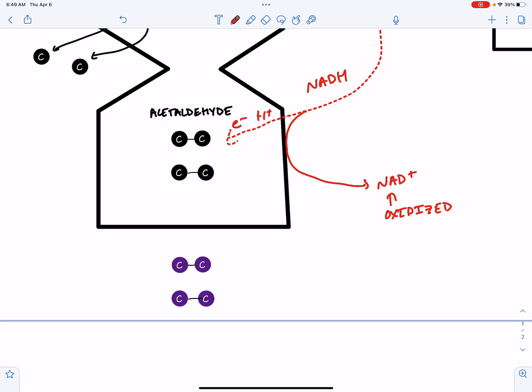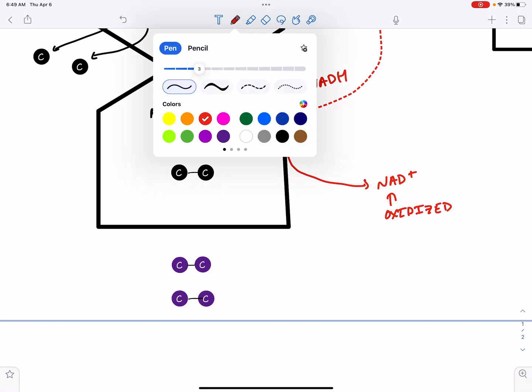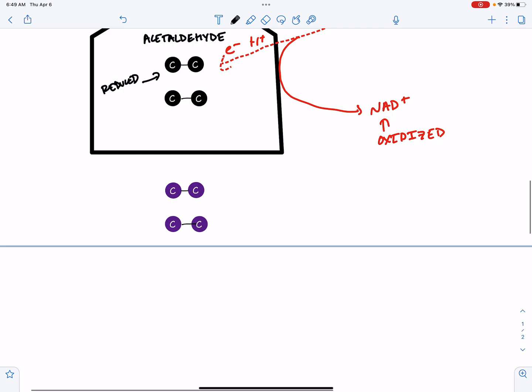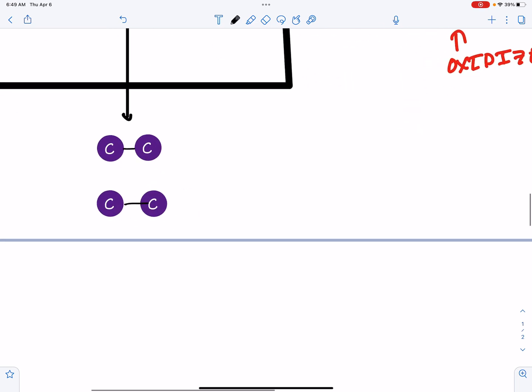So acetaldehyde in this case is reduced, because it picked up electrons. And then ultimately, out of that reaction, we get ethanol.